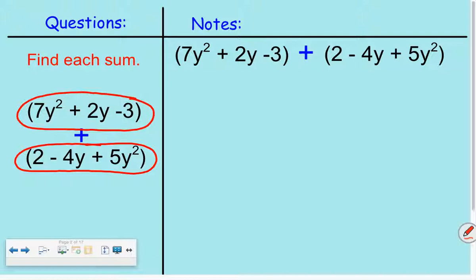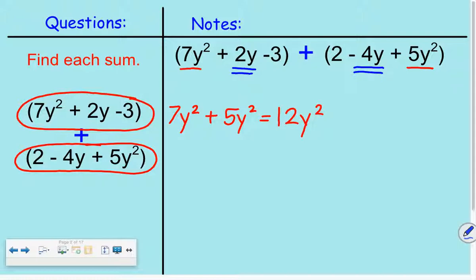So for example, I'm going to put one line under 7y squared and 5y squared because they are like terms. So if I add 7y squared plus 5y squared, all I'm going to do is add the 7 and the 5. So I end up with 12y squared. Then, two more terms that are alike are the 2y and negative 4y.